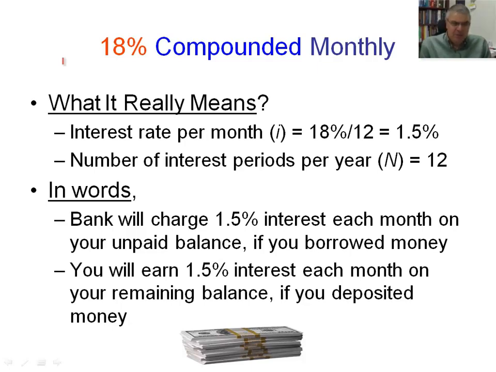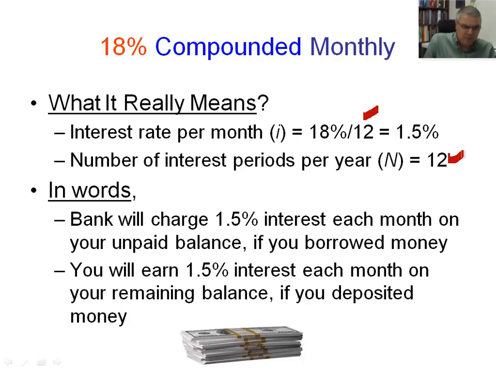Common sense would tell you that in order to calculate the interest rate per month, you would simply divide it by 12, right? Well, that would bring us to 1.5%. Since we divided by 12, the number of interest periods is 12, right? So far, we have no problem.